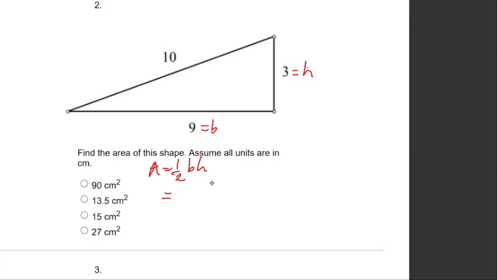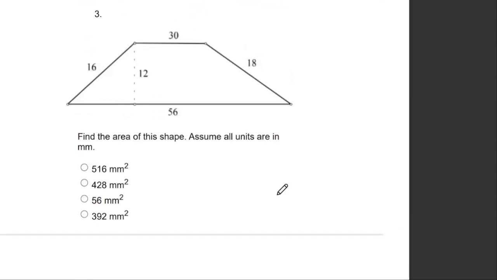Is 3. So that means 1 over 2 times 9 times 3. Alright, so this will give us 27 over 2, and that will lead to 13.5 centimeters squared. So that's the option here.